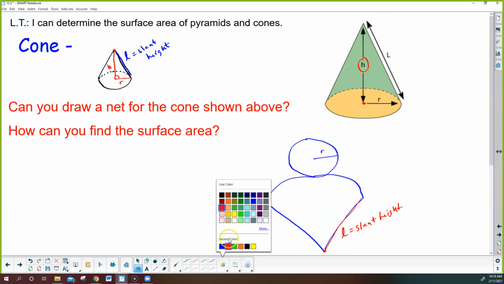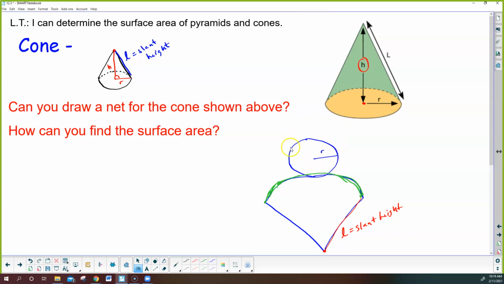And then the last piece that's kind of interesting is this length right here. Okay? This green length is the exact same thing as the length around the base. And that is the circumference of the base.